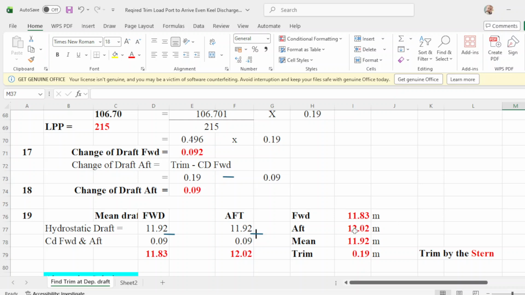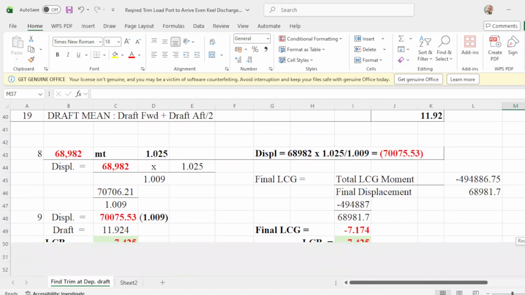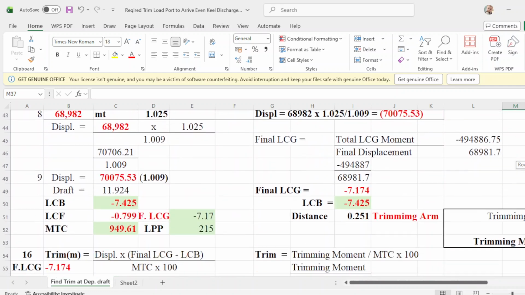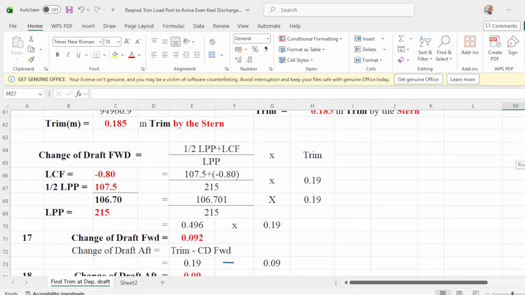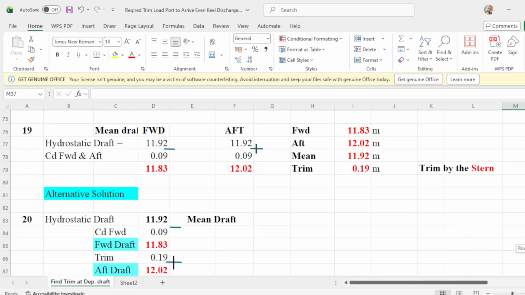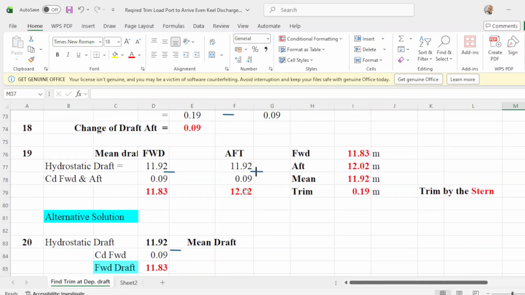So your forward is 11.83, up drop is 12.02, your main drop is 11.92, which is this one. Okay. And your trim is 0.19. There's another solution here, and you are trimmed by the stern, okay?